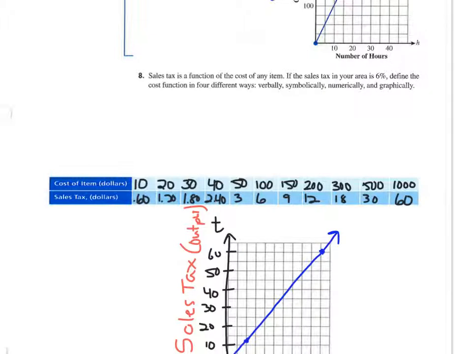Okay, so verbally, let me actually break this up. Verbally, you pay 6% per amount of cost of item.